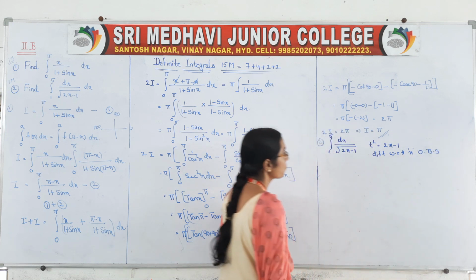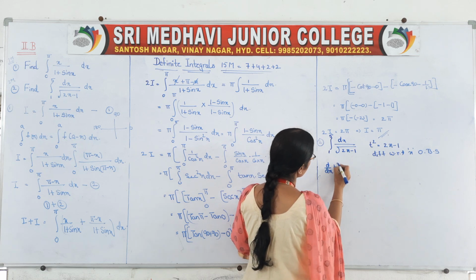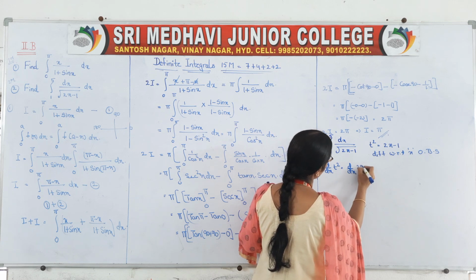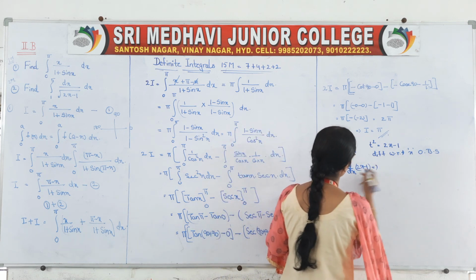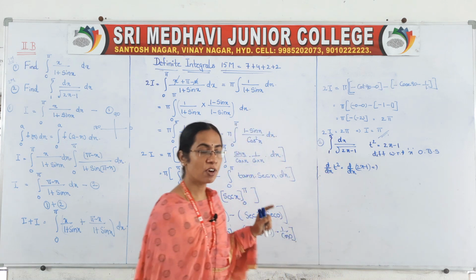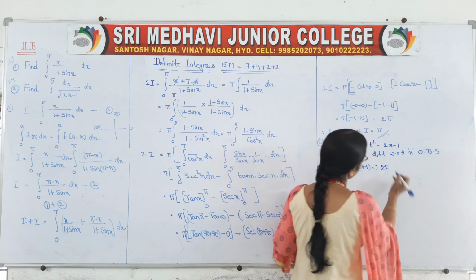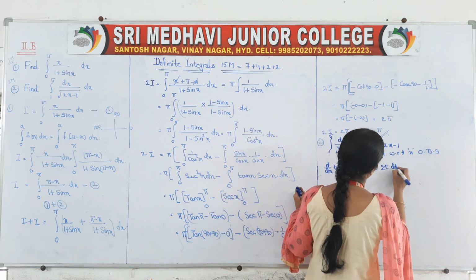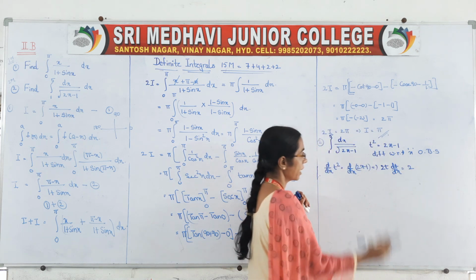So d by dx of t square is equal to d by dx of 2x minus 1. This is x to the power of n form, n into x to the power of n minus 1. So 2t to the power of 2 minus 1 is 1 only, right, into dt by dx is equal to 2, isn't it?